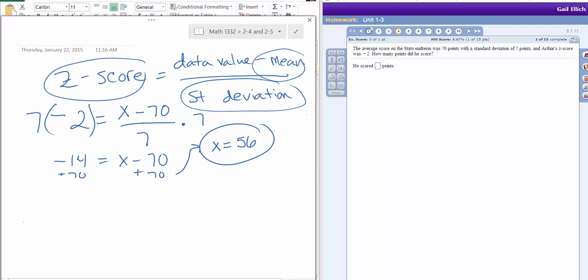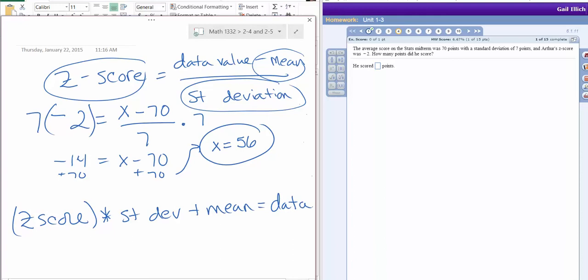So the z-score times the standard deviation plus the mean equals the data value.